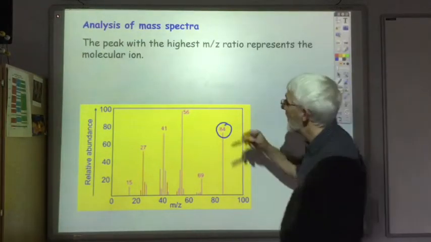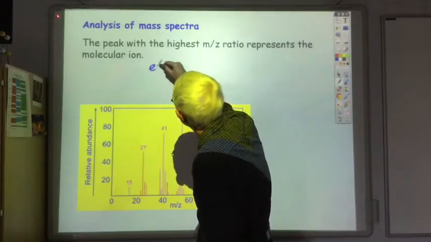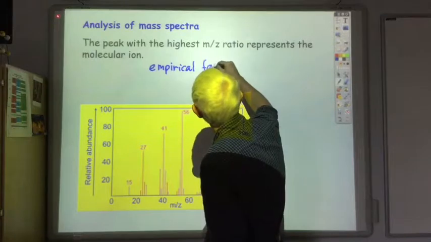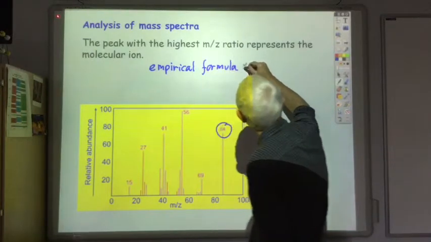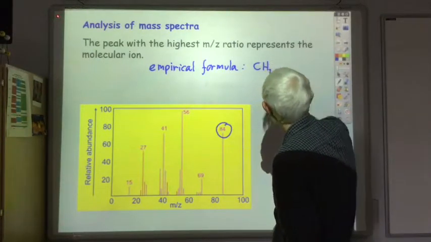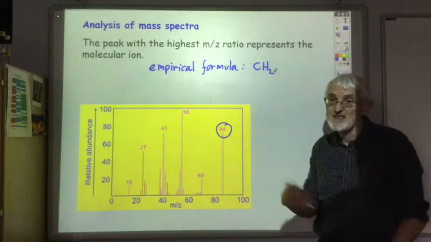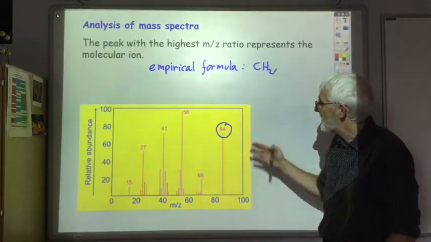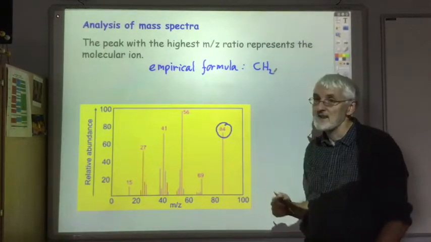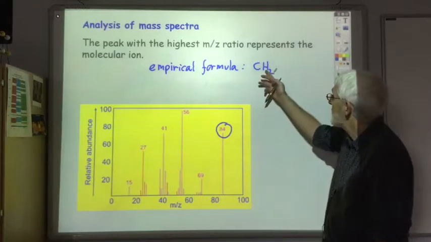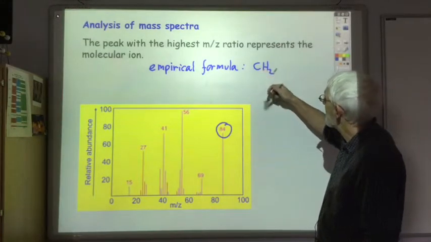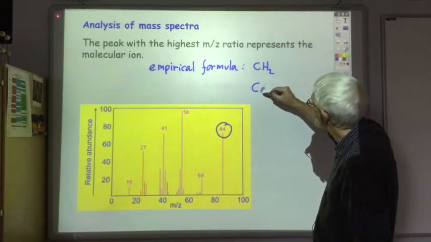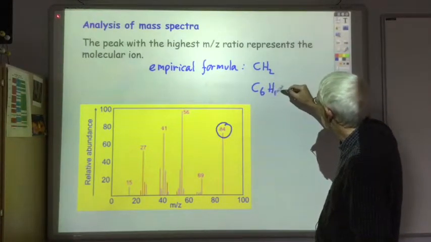So for example, if from elemental analysis you knew that the empirical formula was CH2, but you didn't know if it's going to be C2H4, C3H6, C4H8, etc. From the mass spectra, you know the gram formula mass is 84, and so the molecular formula, in order to have a gram formula mass of 84, must be C6H12.